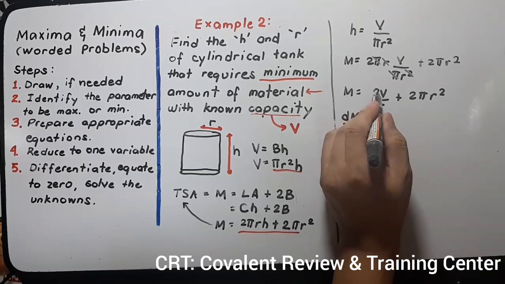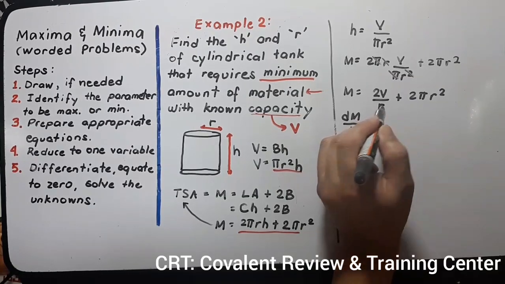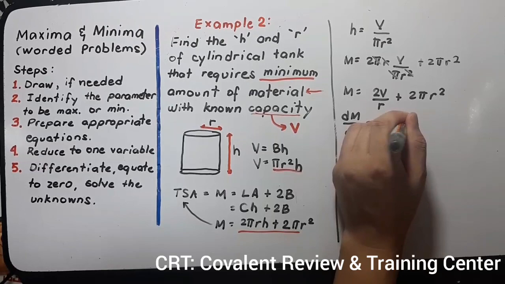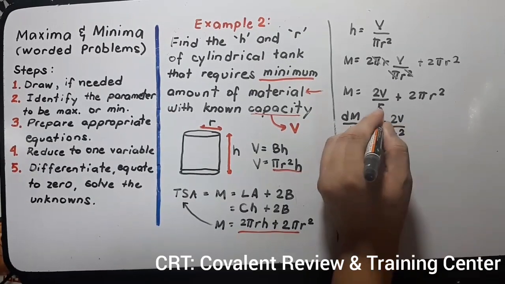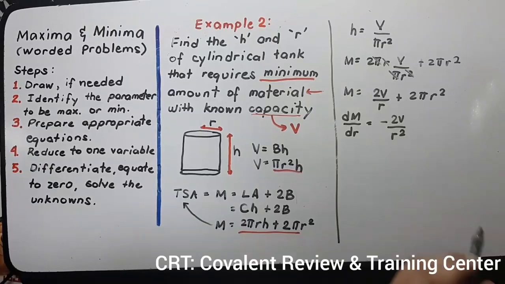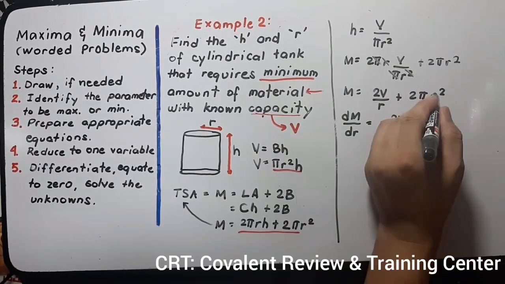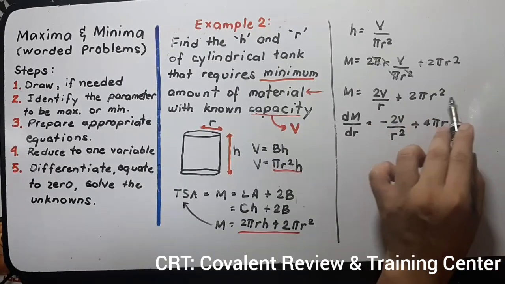The derivative of 2V over r, or the derivative of a constant over any variable, is negative of that constant over the square of the denominator, plus 4 pi r, as simple as the power formula.